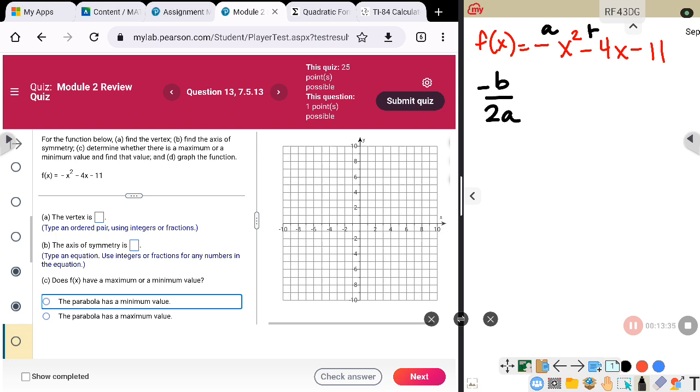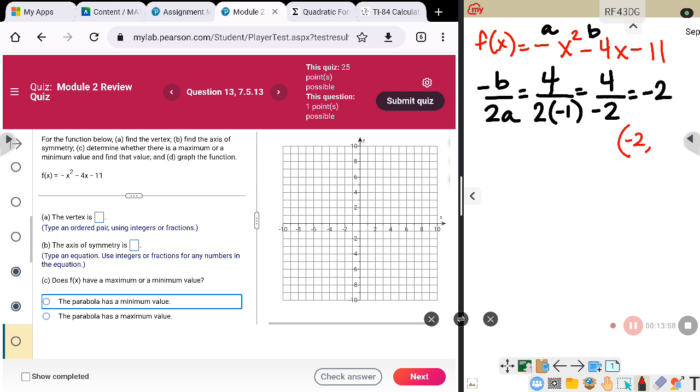So my b is negative 4, so the opposite of it will be positive 4, over 2 times my a. This time my a is negative 1. So I've got 4 over negative 2, which gives me negative 2. So the x coordinate of the vertex will be negative 2.